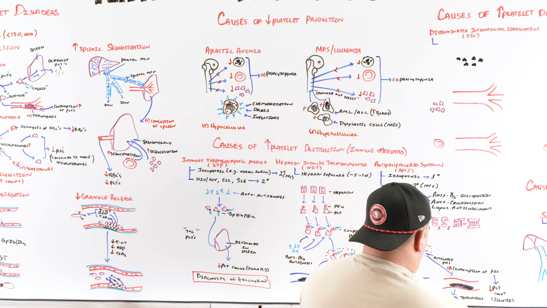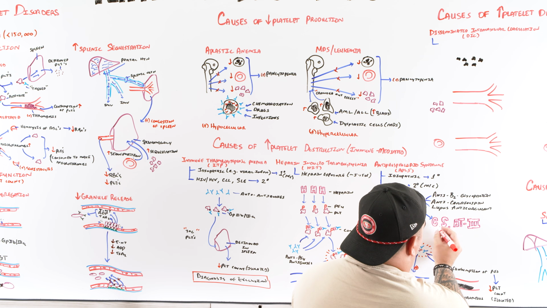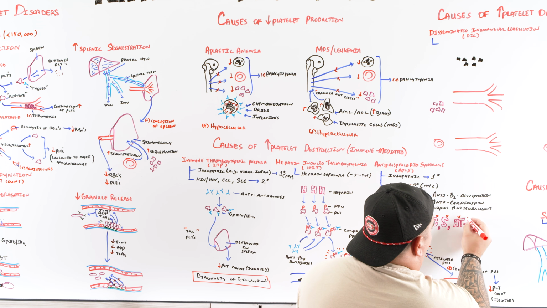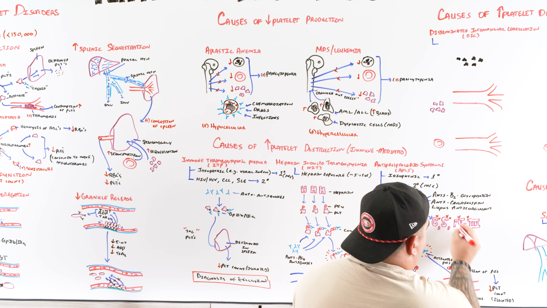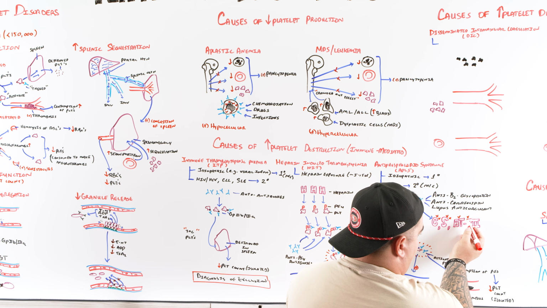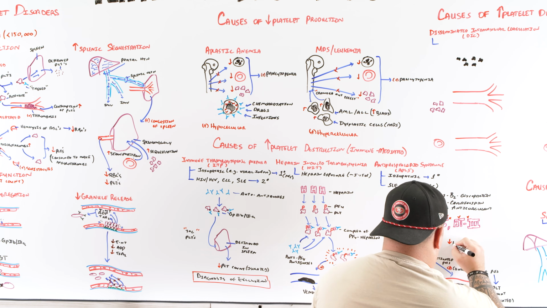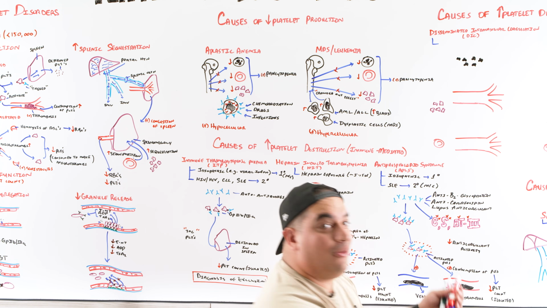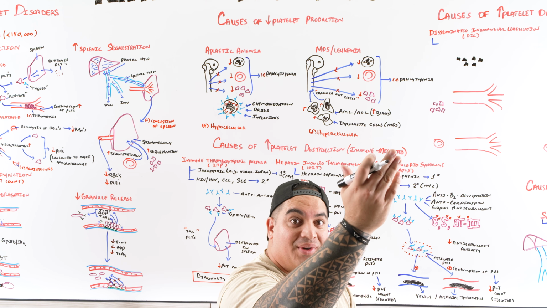And so what it may do is lead to a decrease in the activity of our anticoagulant proteins. And so we'll have a decrease in protein C, a decrease in protein S, and a decrease in antithrombin 3. And if I decrease anticoagulant activity, I allow procoagulants to start superseding that.